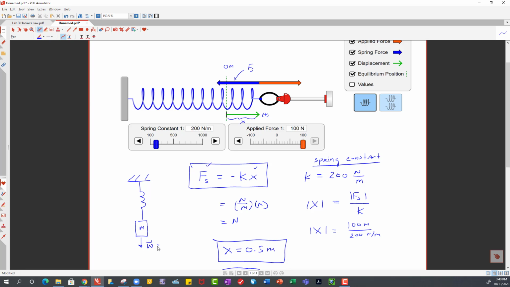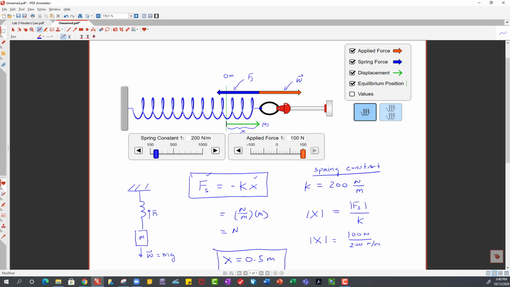So we're going to take advantage of gravity to be our force, replacing the applied force with the weight of the mass. And again, the force of the spring will counter the force of gravity, and at equilibrium at this distance x, we can measure this distance, and based on that we can calculate the spring constant K. So that's what we're going to do in this experiment.